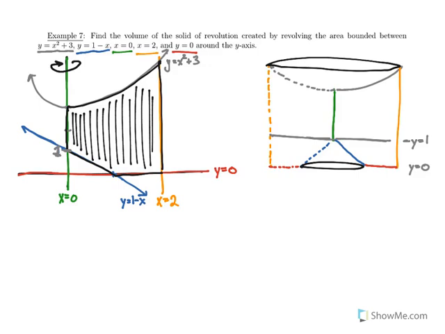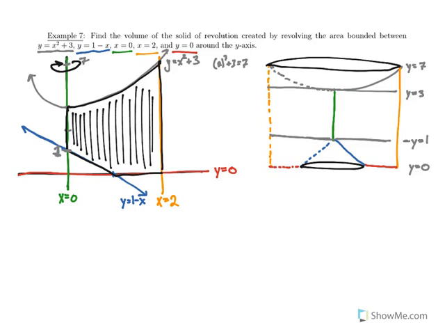The second region is going to be from y equals 3 all the way to the top. And we should say this y value at the top is going to be 7. That is, 2 cubed plus 3 is 7. All the way to y equals 7.